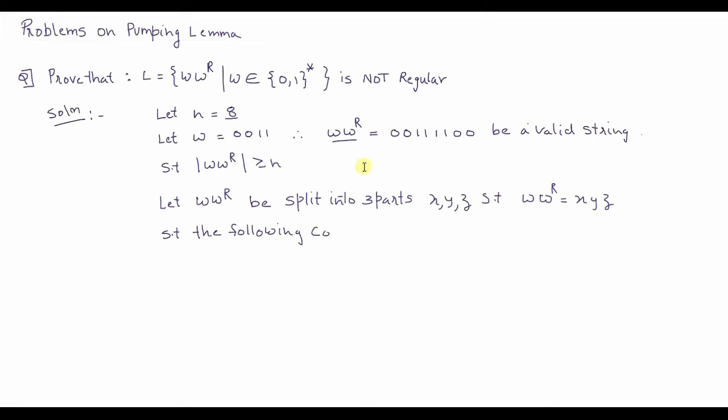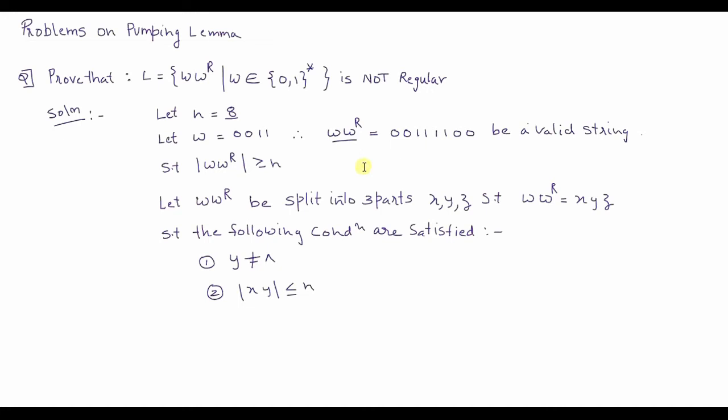And what are the conditions? The first condition is y should not be null. And second is together the length of x y should be less than or equal to n.